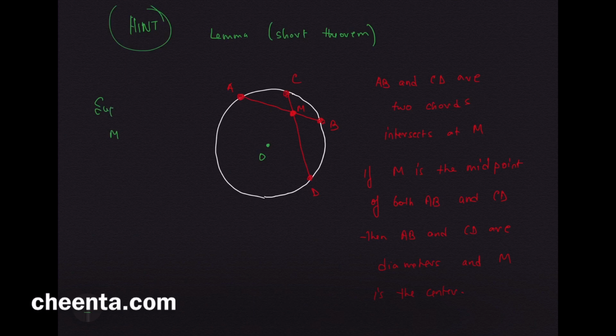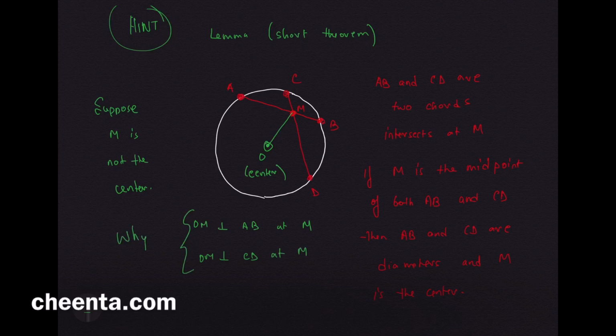Then suppose O is the center of the circle. Join OM. So what can you say about the relation of OM with AB and CD? You can say two things: OM is perpendicular to AB at M and OM is perpendicular to CD at M.